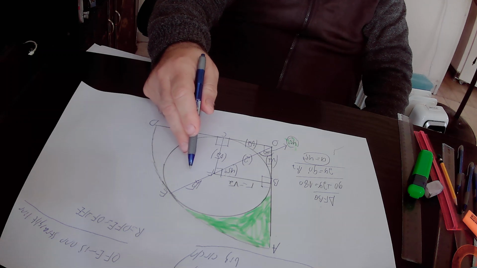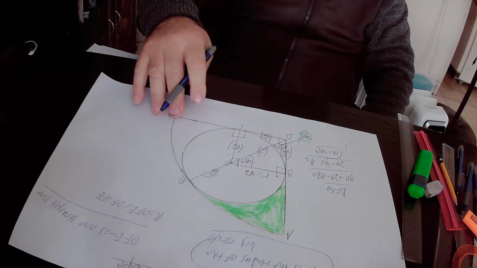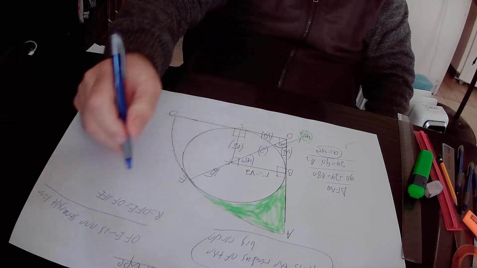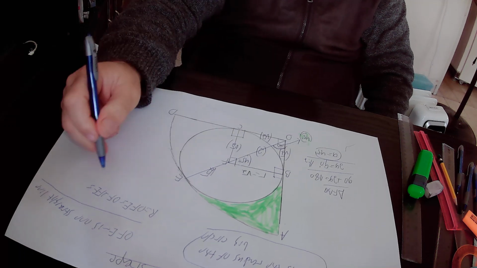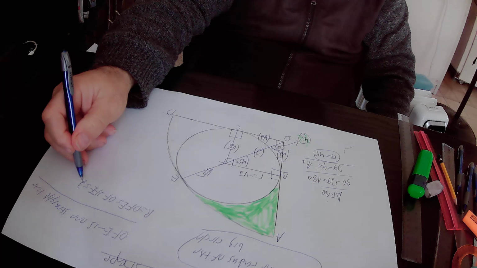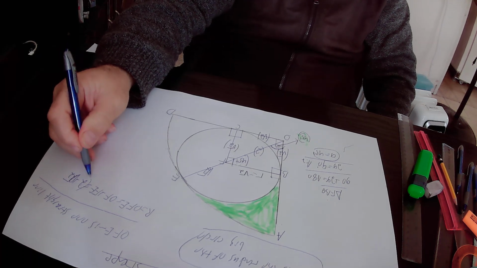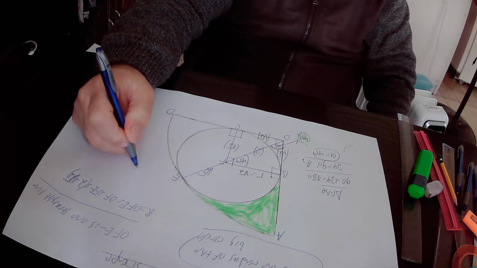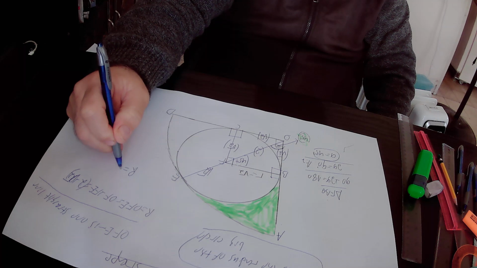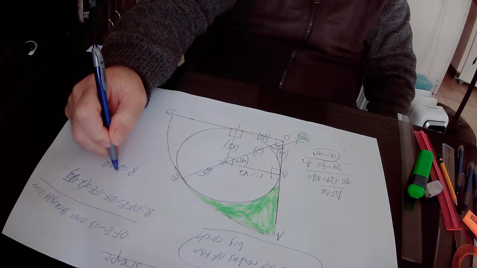Therefore, the radius of the big circle, capital R, equals OF, that is 2, plus FE, that is square root of 2. In conclusion, capital R, the radius of the big circle, equals 2 plus square root of 2 units in length.